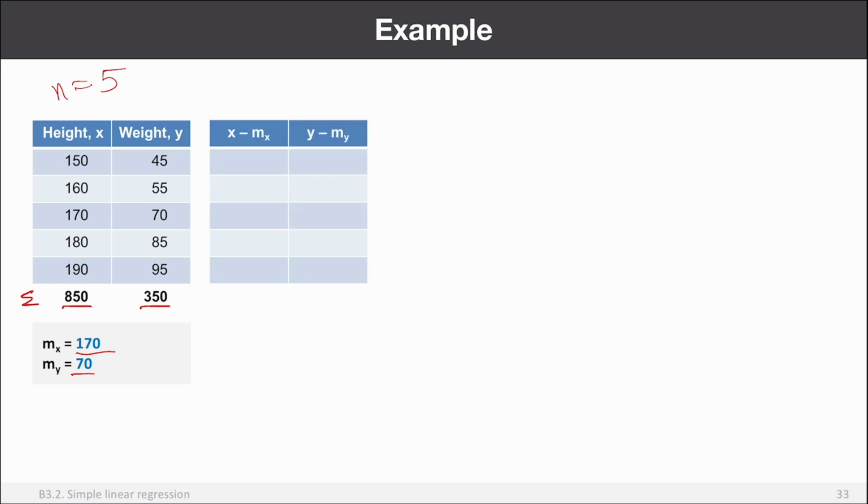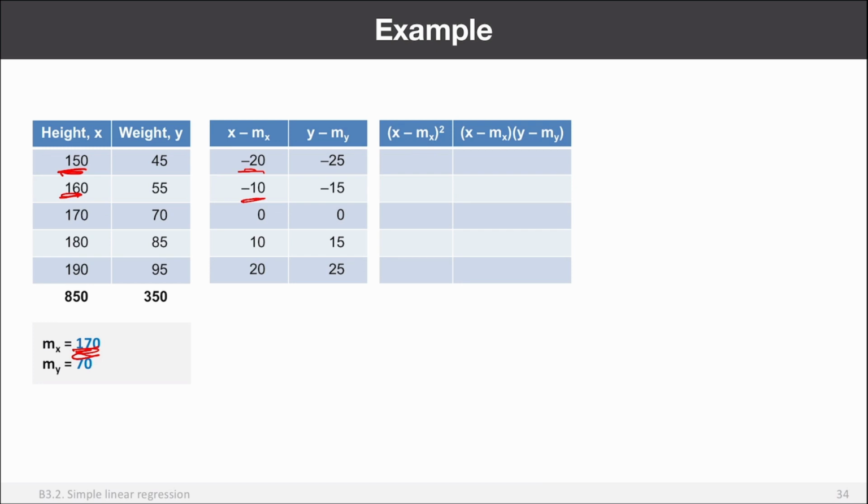Now I compute distances, right? So distances between x and its mean and distances between y and its mean. So it's simply, for example, 150 minus 170 will be minus 20. 160 minus 170 will be minus 10, and so on and so forth. So these are just the distances. Then I compute the squared distances for x and the product of these two distances in order to get the covariance, right?